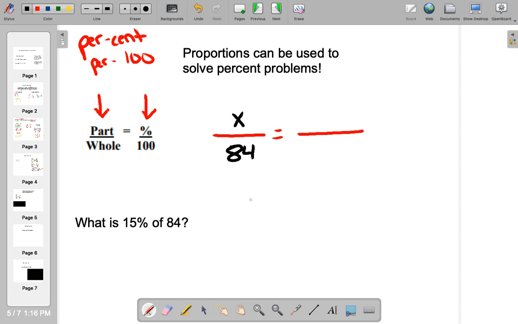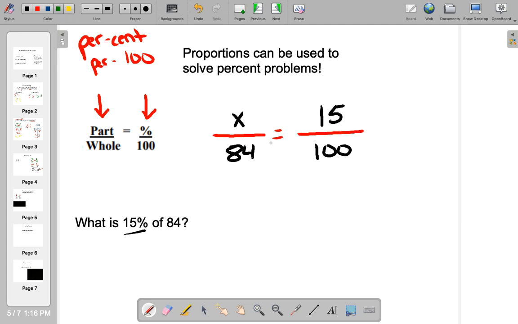Now, on the right side, the value of 100 always goes down in the denominator because percent is always per 100. Then the 15% needs to go on the top. And this is what's important here. Don't put the percent sign because 15 out of 100 is 15%. And from here, I now have a regular proportion that I can solve just like I've been solving the others that I've worked with so far.